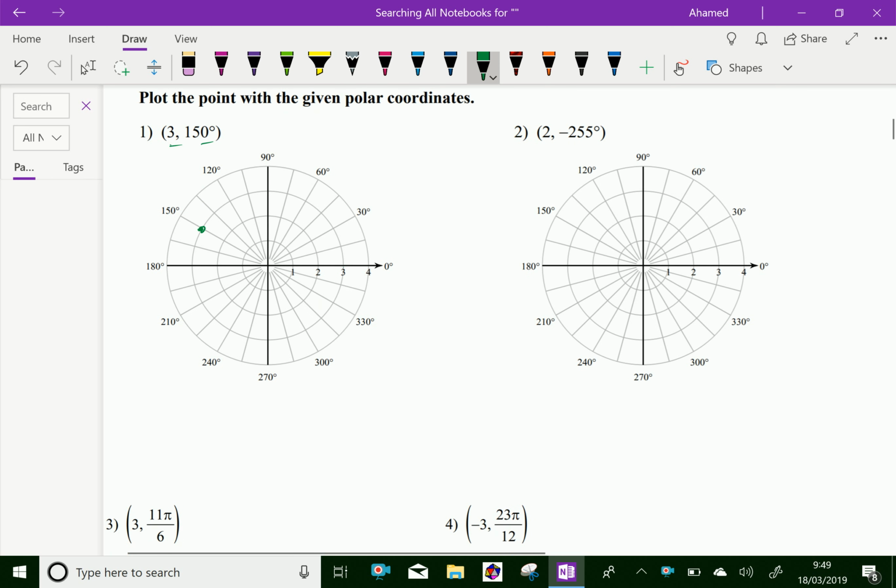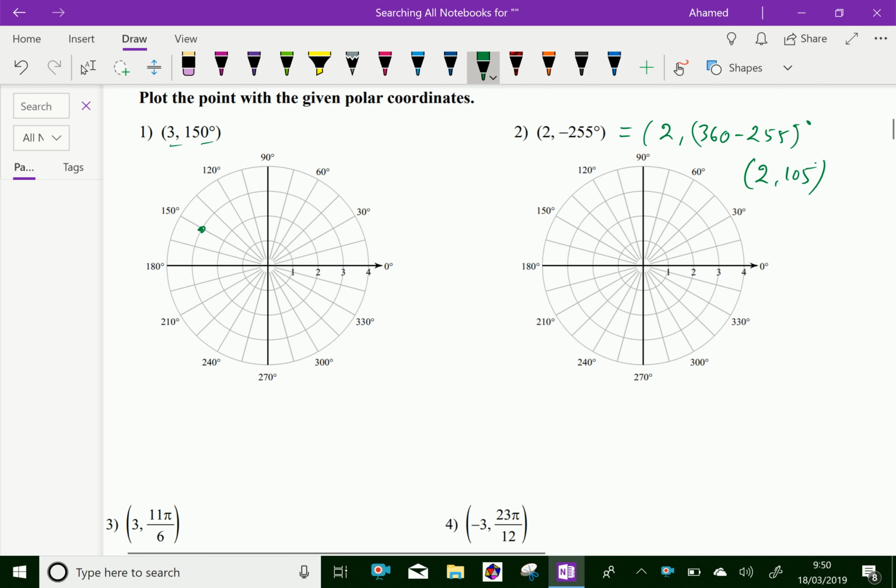Now here this 2 comma minus 255 degrees, so we can convert it to positive. Because it's a minus degree, we can subtract: 360 minus 255, which equals 2 comma 105 in positive degrees.